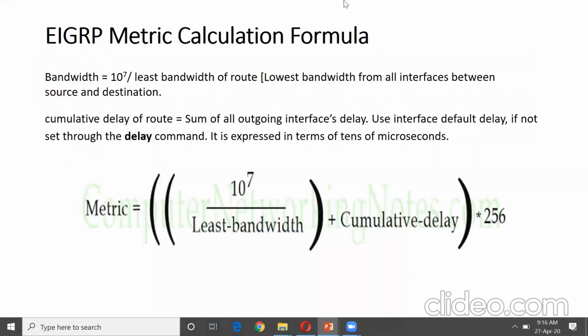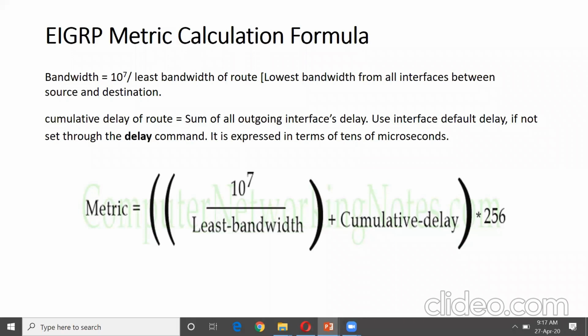Now the EIGRP metric calculation formula. You can see here, bandwidth is equal to 10^7 divided by least bandwidth of route. How to check the bandwidth of the interface, I will tell you. That least bandwidth is given in kbps.